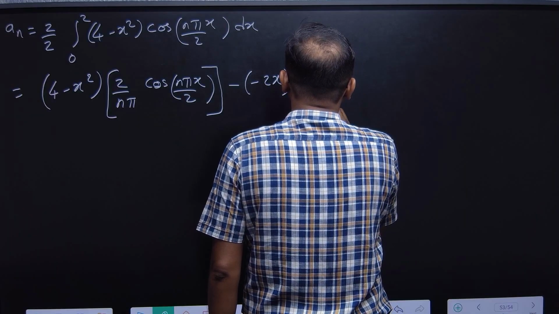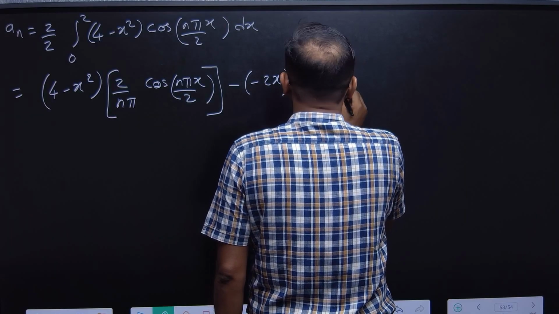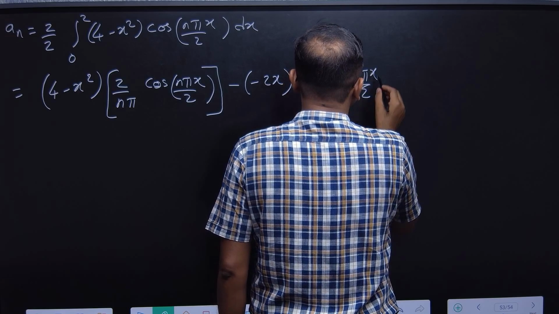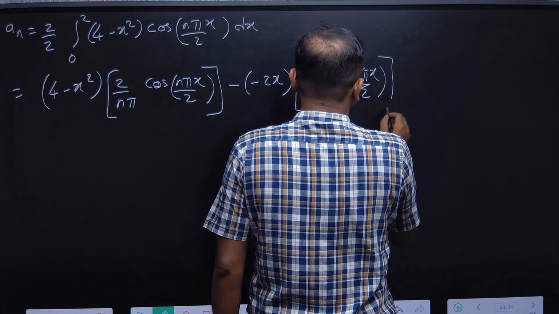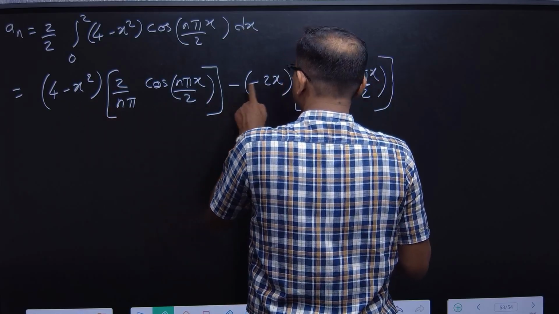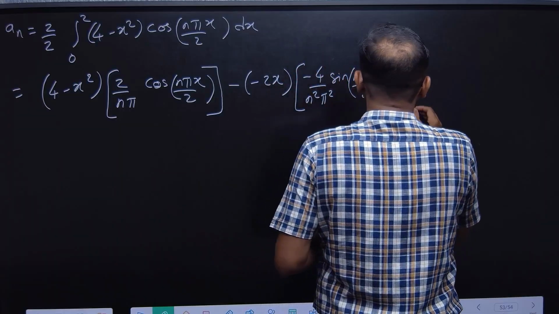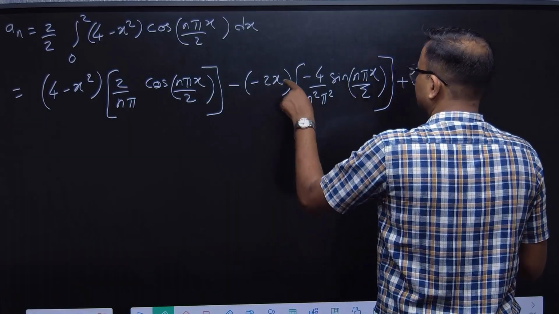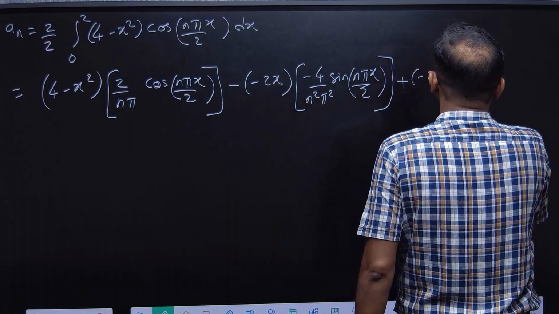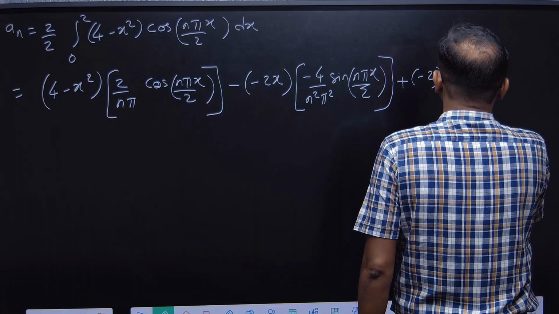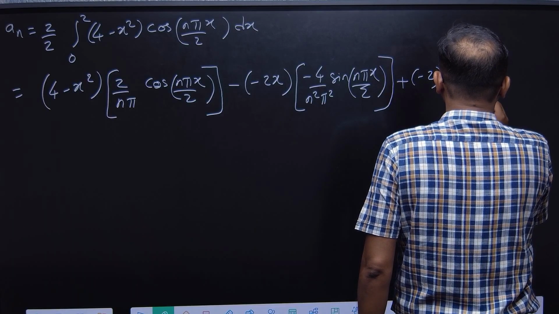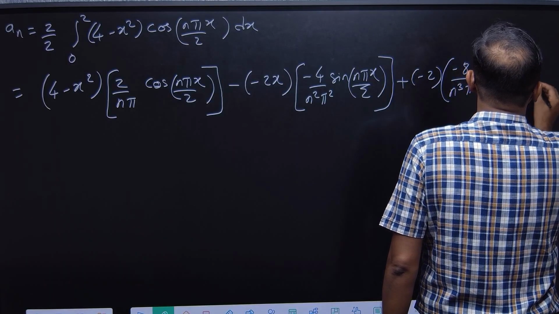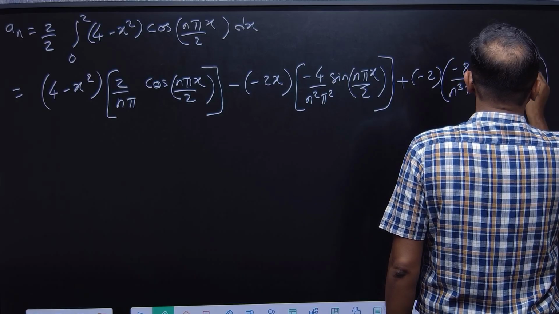V2 is minus 4 upon n square pi square into cos of n pi x upon 2, plus u double dash, which is minus 2, into v3, which is minus 8 upon n cube pi cube sin of n pi x upon 2.